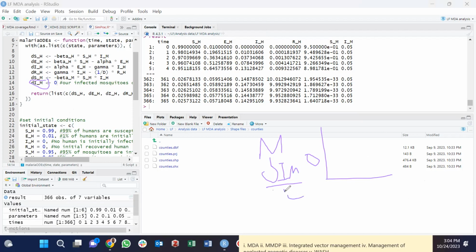Just imagine this is T, this is time, and these are the number of mosquitoes. If the change is 0, it will be constant over time. That is why we're having all the zeros through.